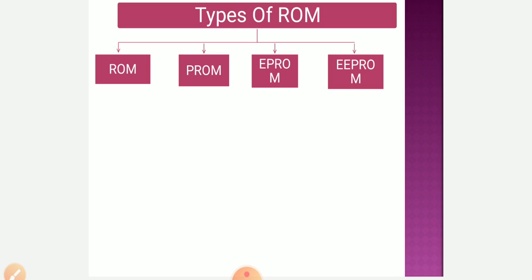ROM means read only memory, and the full form of PROM is programmable read-only memory. The spelling of programmable is P-R-O-G-R-A-M-M-A-B-L-E.